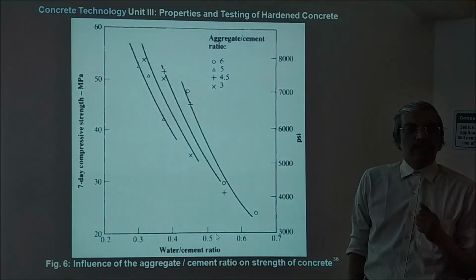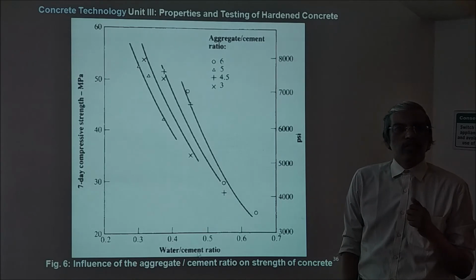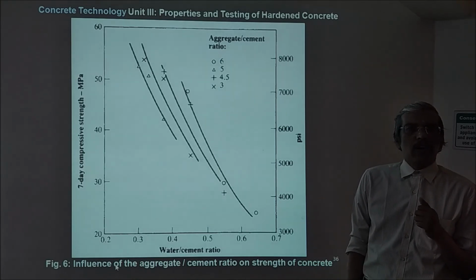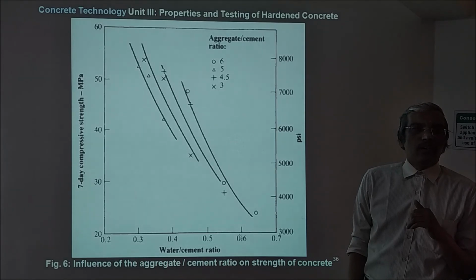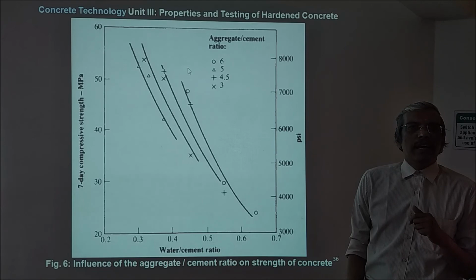So here we can see figure 6, which shows the influence of aggregate cement ratio on the strength of the concrete. Here we can see the water cement ratio on the horizontal axis. On the vertical axis we can see the 7-day compressive strength in megapascal or Newton per millimeter square, and here we can see the aggregate cement ratio.